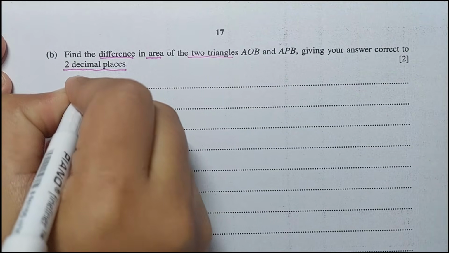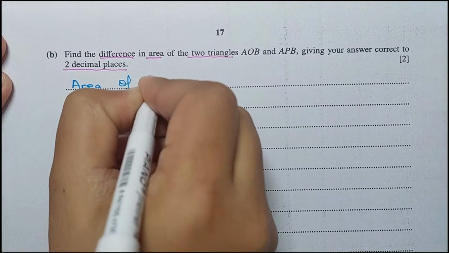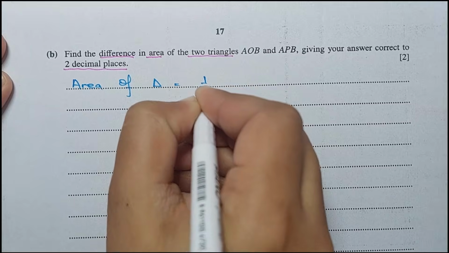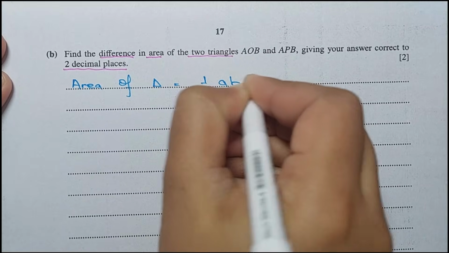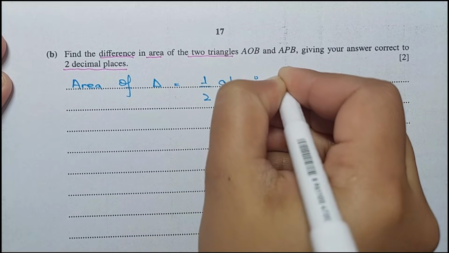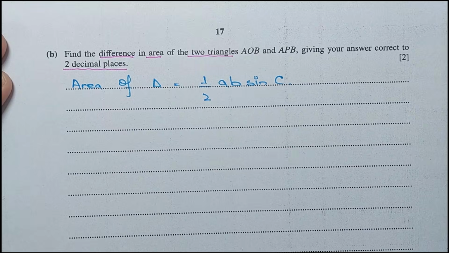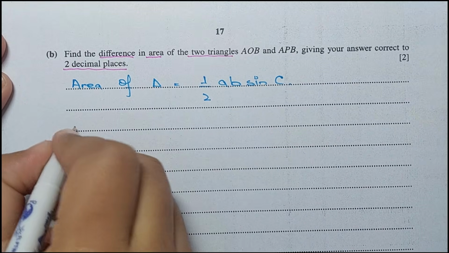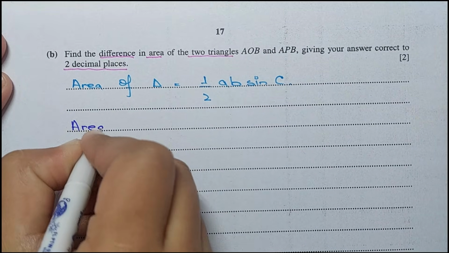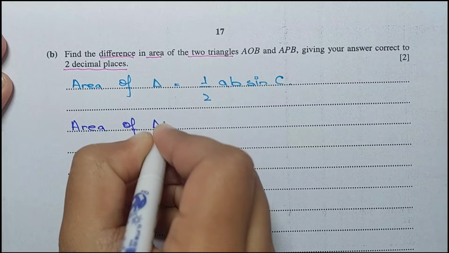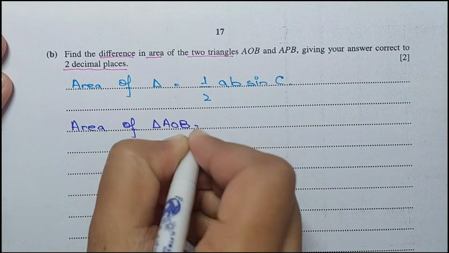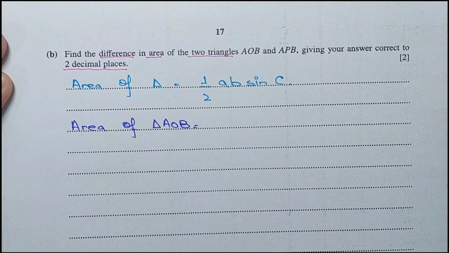The area of a triangle has a formula, half ab sine of angle C, right? Now the first thing we need is the area of triangle AOB. Let me show you.